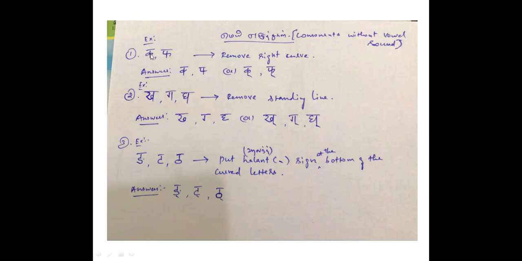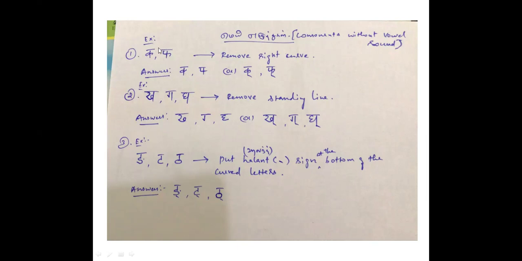After removing this right curve, this letter is pronounced as ik. There is no vowel sound. So for half letter writing, you have to remove the right curve from this letter. Now it is called ik.